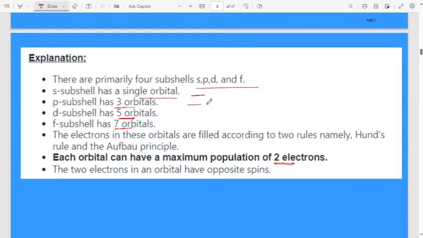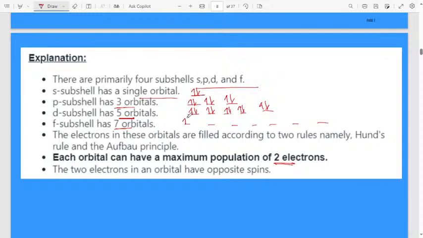Then p has 3, d has 1, 2, 3, 4, 5, and f has 1, 2, 3, 4, 5, 6, 7. But in each orbital, the maximum number of electrons they can occupy is 2 only, not more than 2.